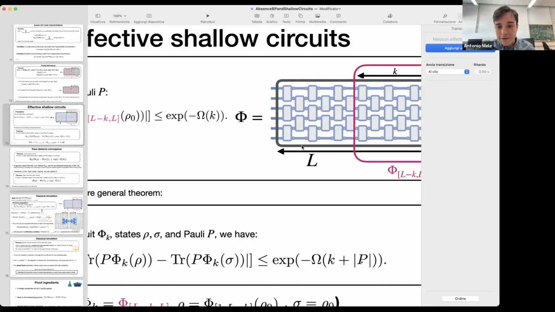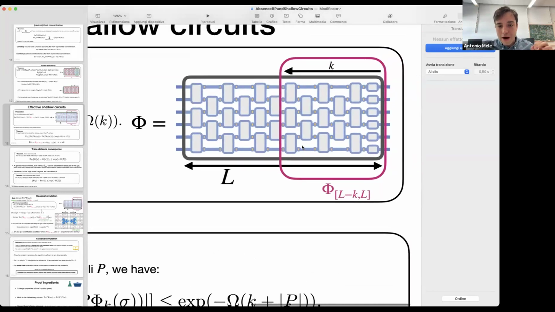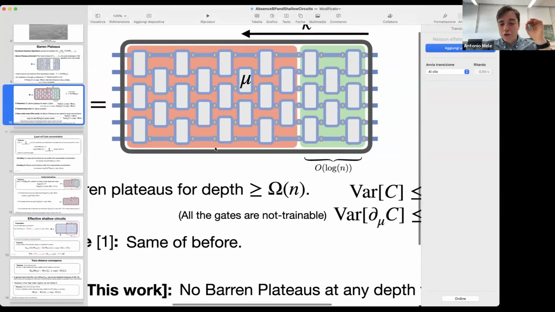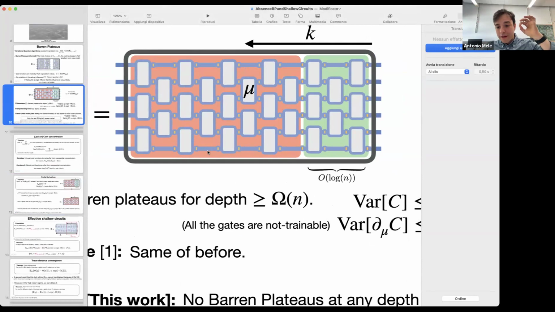Let me give just one second of intuition for why this effective light cone picture happens. It substantially happens because you forget information. If you have noise, you start to forget what you had at the beginning of your circuit. So it's quite intuitive that at the end of the circuit, what happened at the first gate will be forgotten.